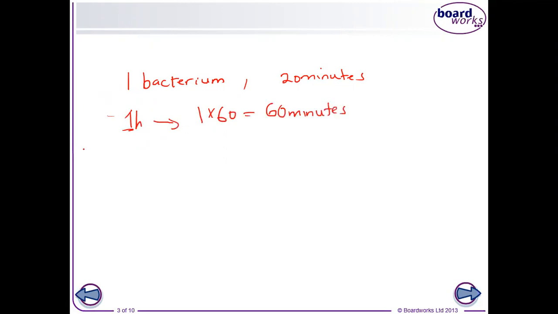So the meaning is we need to find n, the number of times the bacterium divides. Divides means the number of times it reproduces.